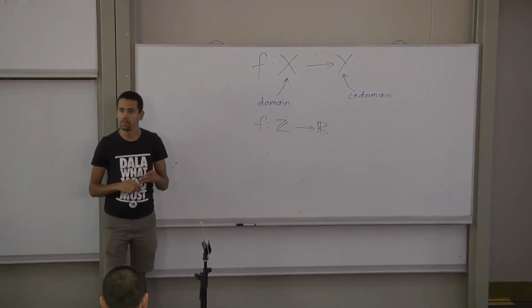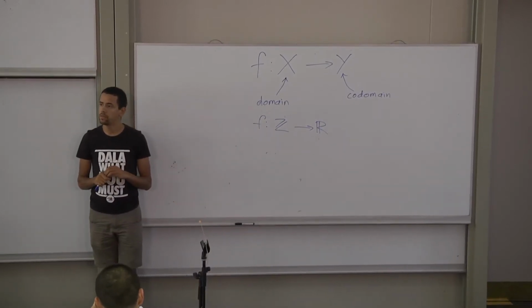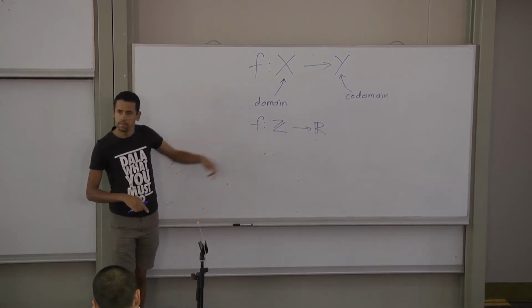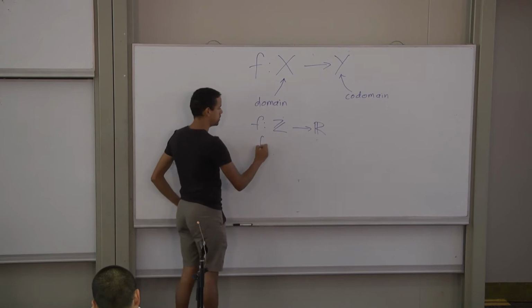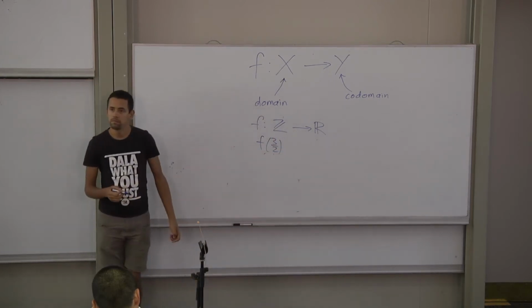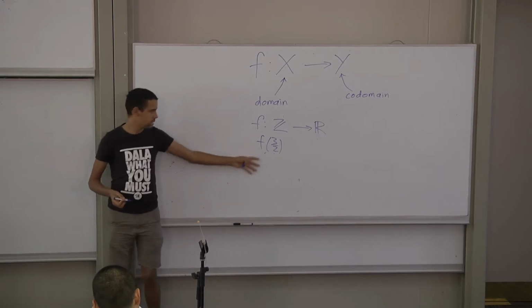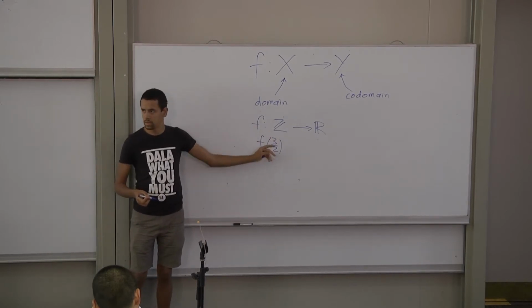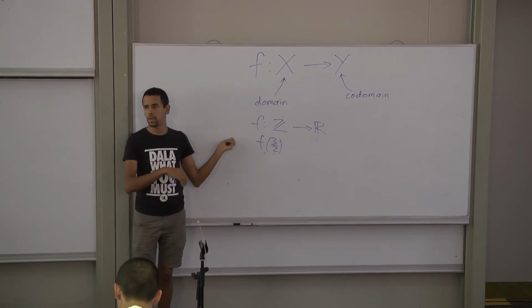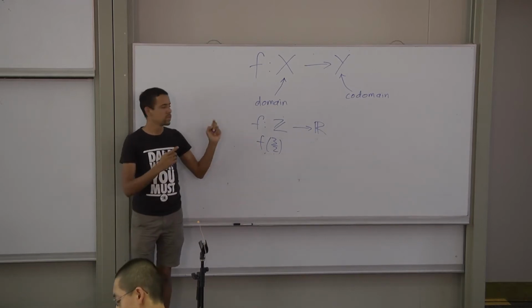That's a reasonable choice of domain and codomain. If your function f is like that, it doesn't make sense to talk about f of 3 over 2, because 3 over 2 is not an integer. You're only allowed to put integers into it, and then you'll get out a real number.